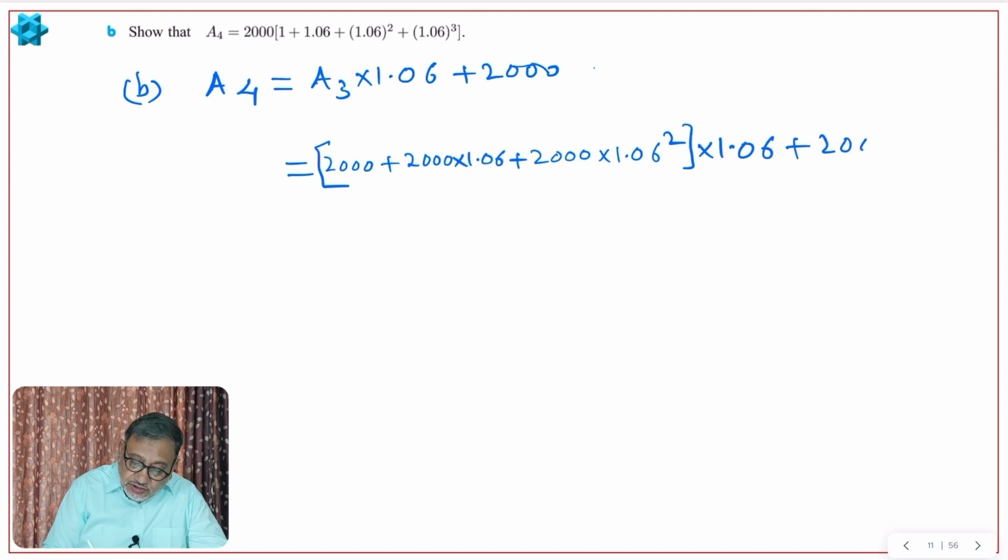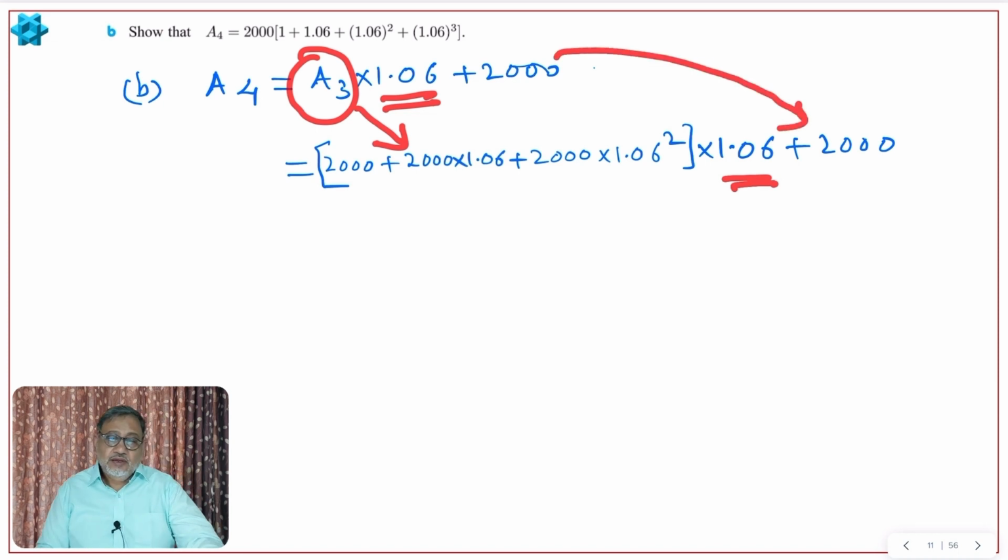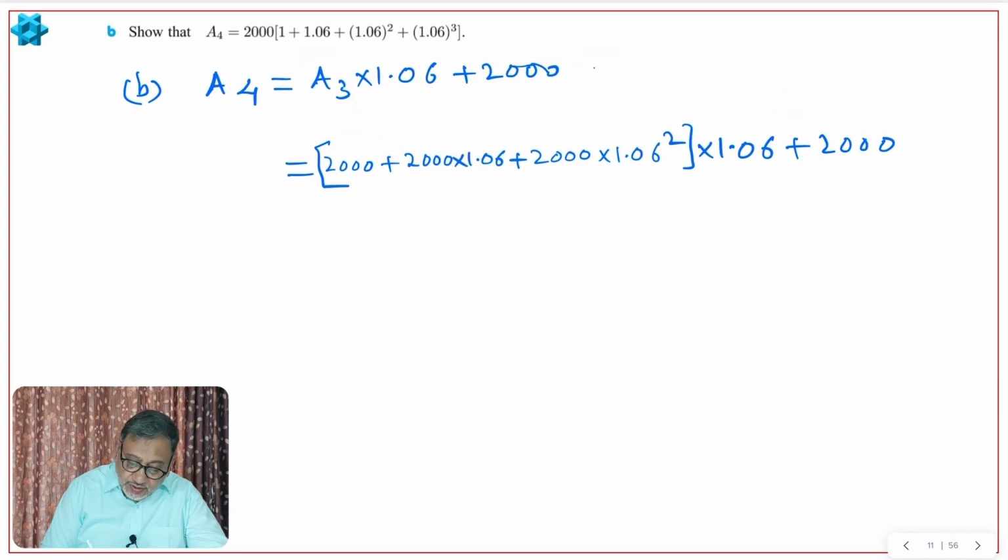So I hope you understood this. A3 I have replaced by this bracket, then times 1.06 will be here and 2000 will be here. Now when you write them, they are already in proper order.